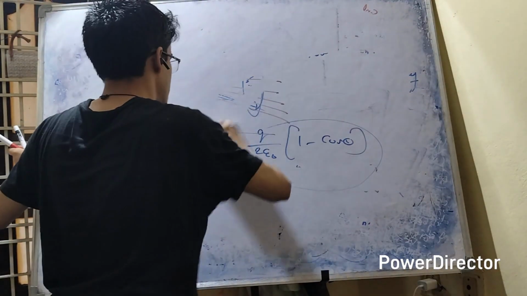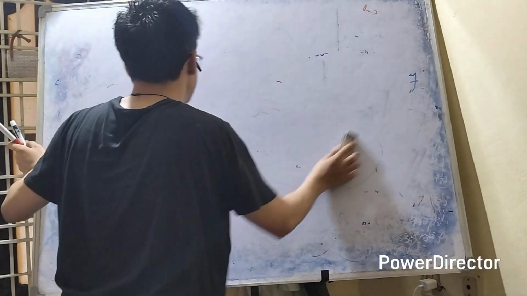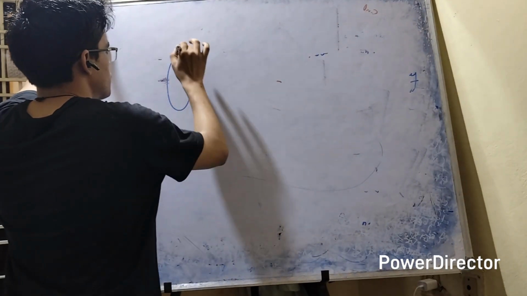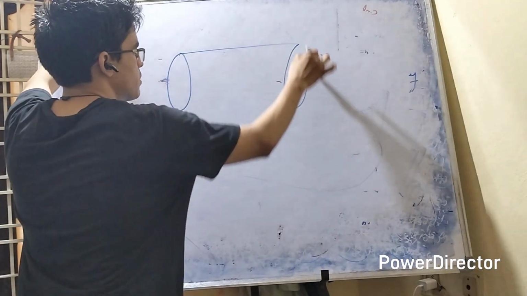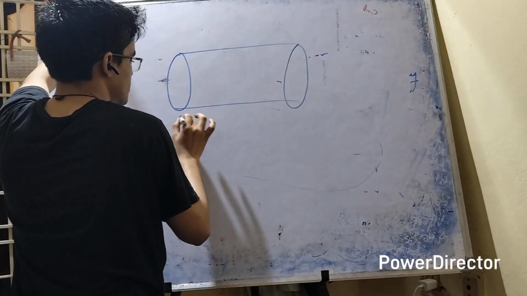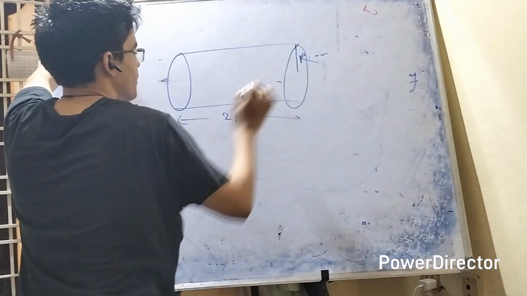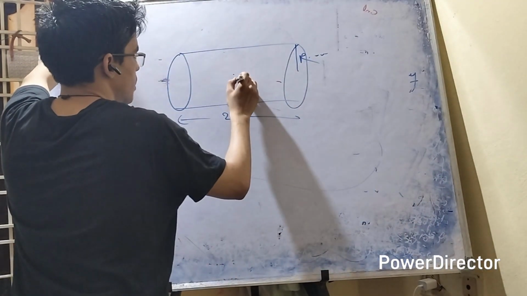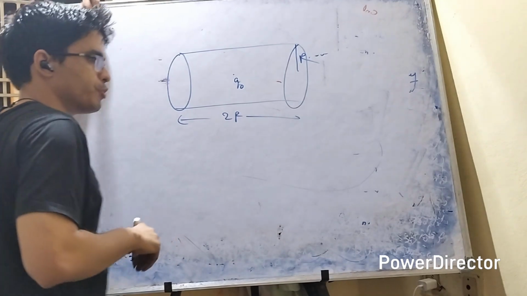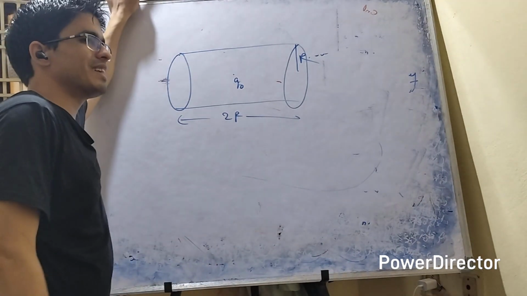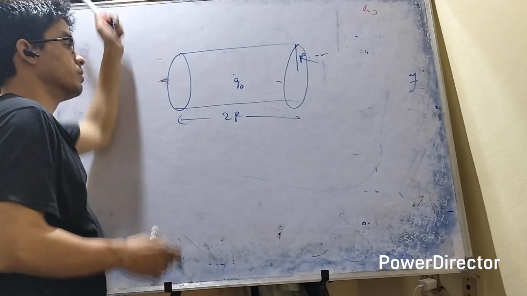I am taking one example here. Suppose we have a hollow cylinder. Assume this distance is given as 2R, and this radius R is given, right? At the center, one charge q naught is placed. Tell me, due to this charge, how many surfaces are present in the case of a cylinder? Three surfaces.